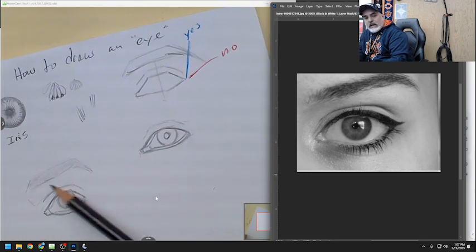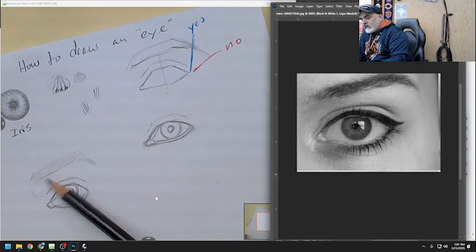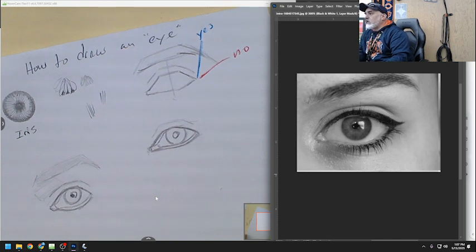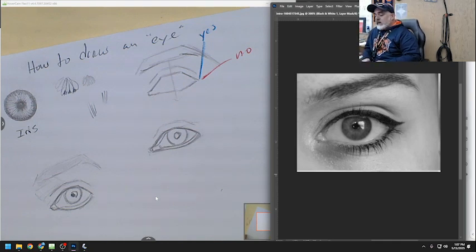So everyone has this shape right here underneath their eyebrow going into where their nose is. This is the deepest part of your face. So this always has a shadow almost no matter what. You pretty much have to shine a flashlight on somebody for them not to have a shadow right there.